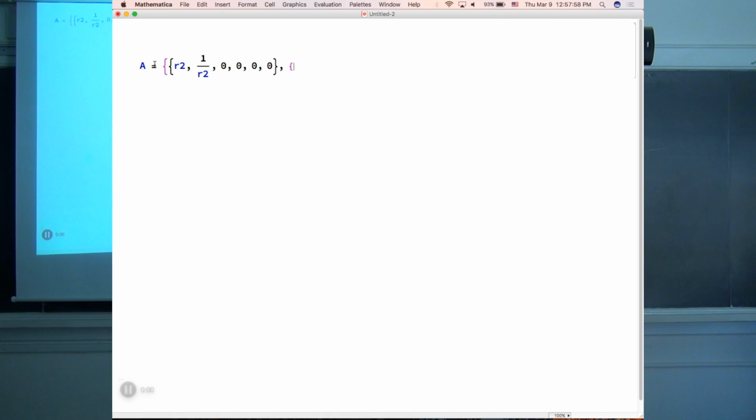Line 2. 0, 0, R2 squared, 1 over R2 squared. I think I can see where this is going. 0, 0. The next line is 0, 0, 0, 0, R2 to the 5th, 1 over R2 to the 5th.